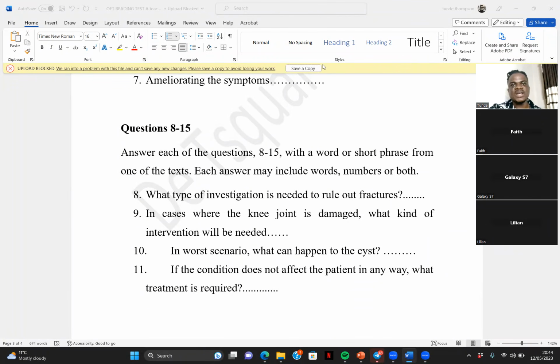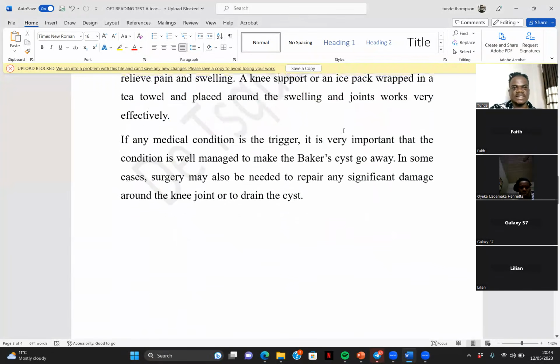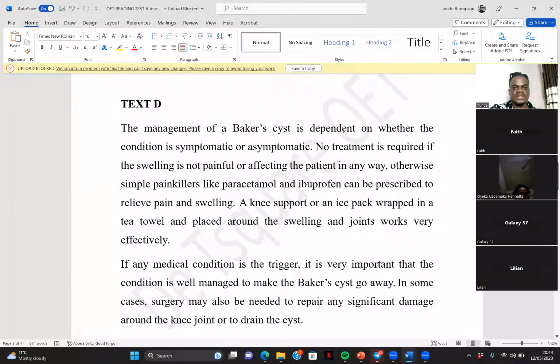So what you're going to do is go to the text and look for where I will see a damaged knee joint. We come here to scan through, not to read. You just quickly scan through to see if you see any knee, then you pause. Here they said significant damage around the knee joint. So let's read around this area.